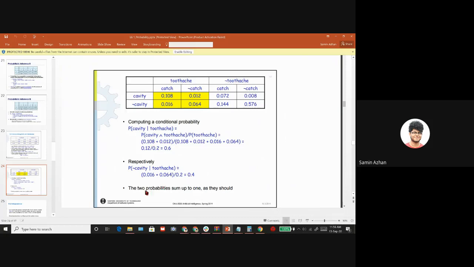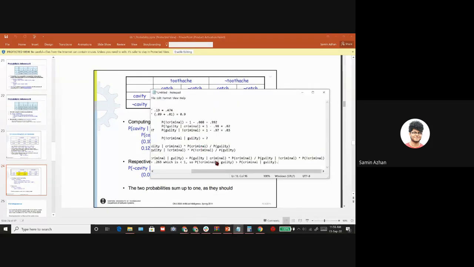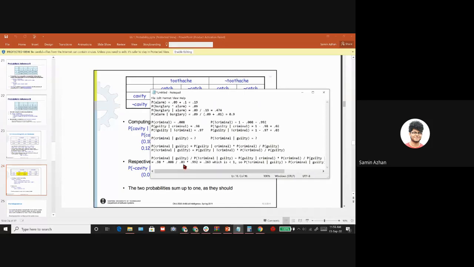And it's saying here that these two probabilities should sum up to one: the probability of cavity given toothache and the probability of not cavity given toothache, which we used that logic to calculate in this portion.